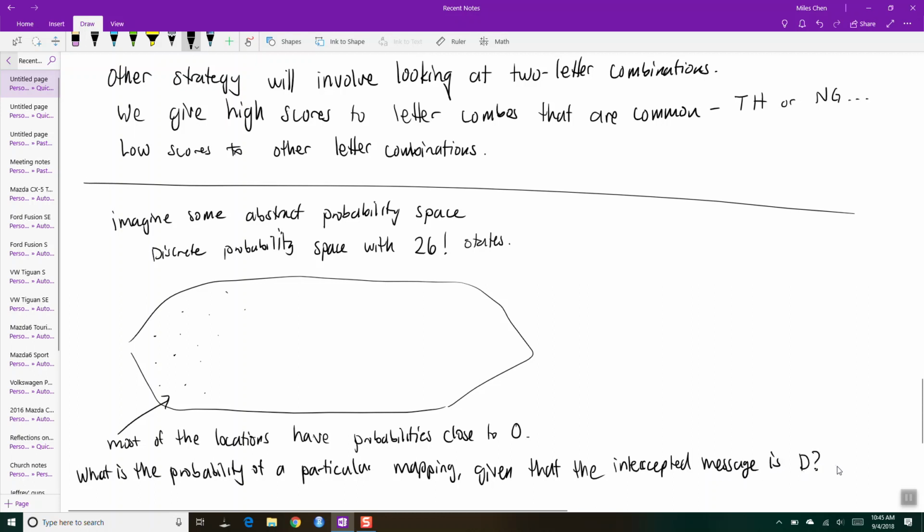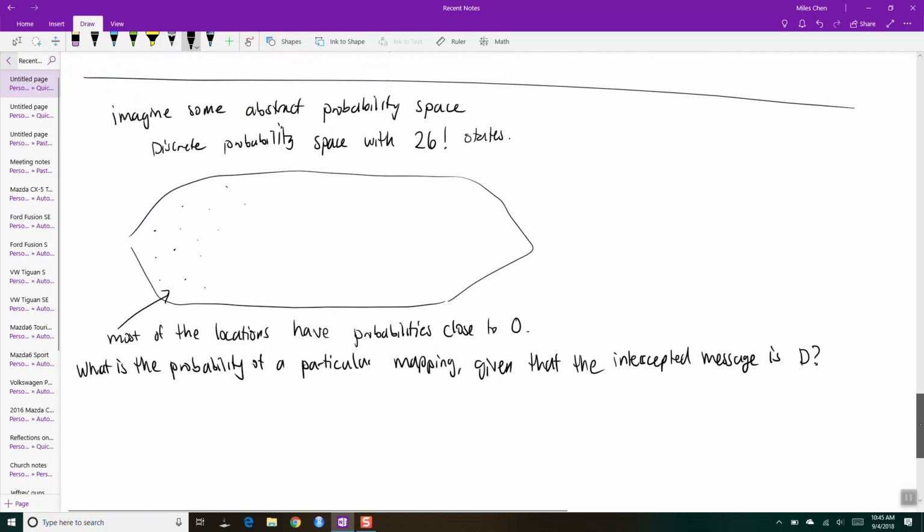So you've got the data, your D. So most of this is flat, but maybe in a few pockets there's going to be the correct mapping, and it's going to have a high probability.